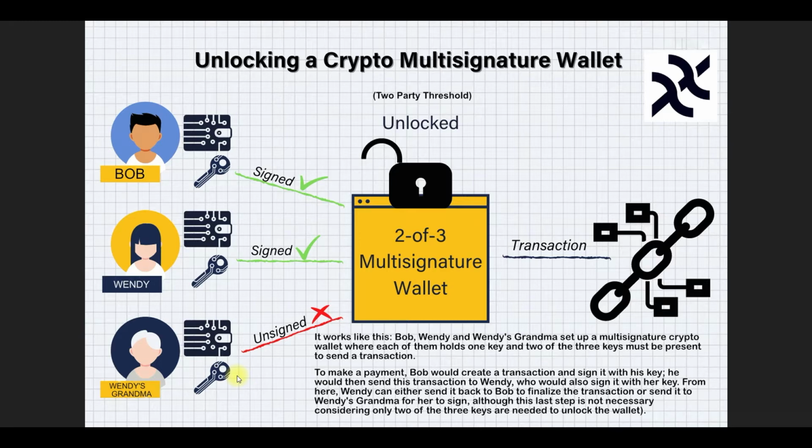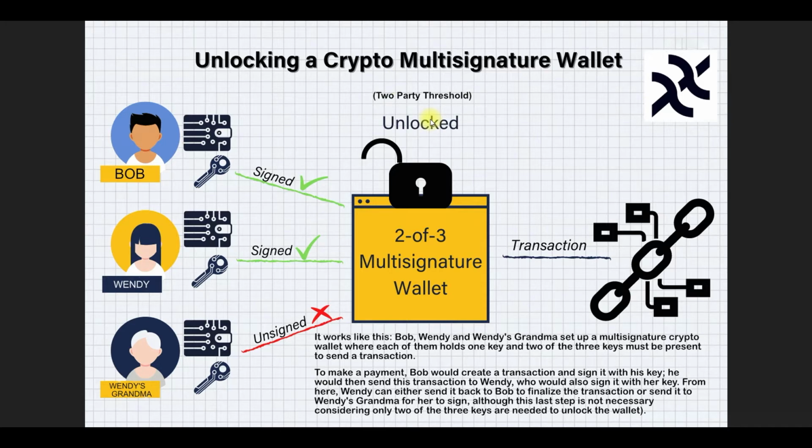From here, Wendy can either send it back to Bob to finalize the transaction or send it to Wendy's grandma for her to sign it. Although the last step is not necessary, considering only two of the three keys are needed to unlock the wallet because it was created with a two-party threshold, as noted up here.